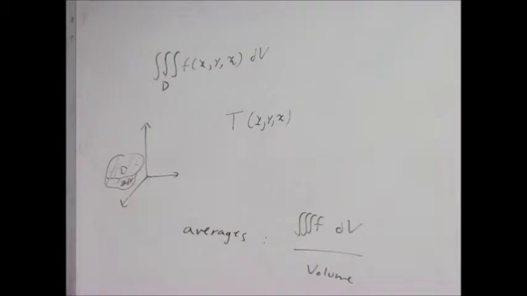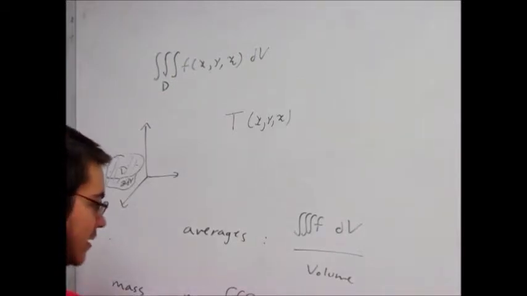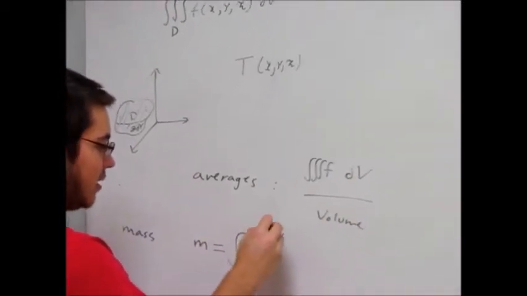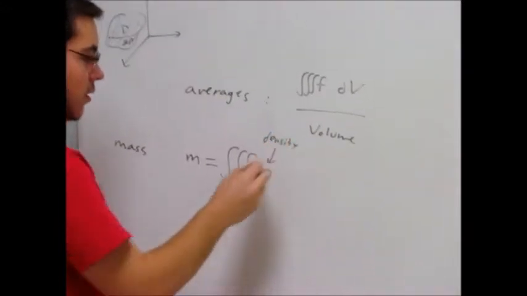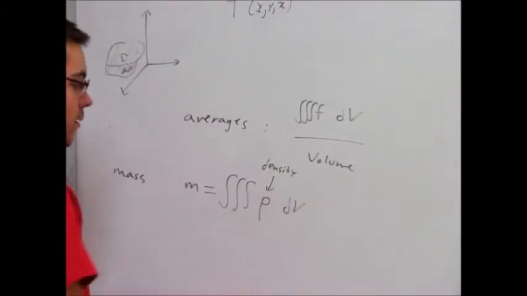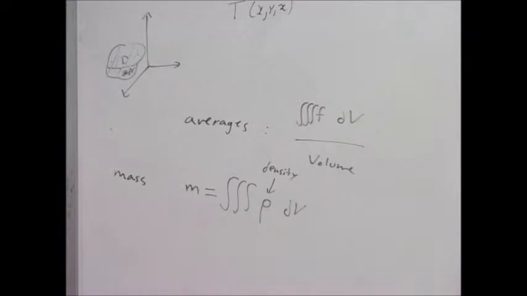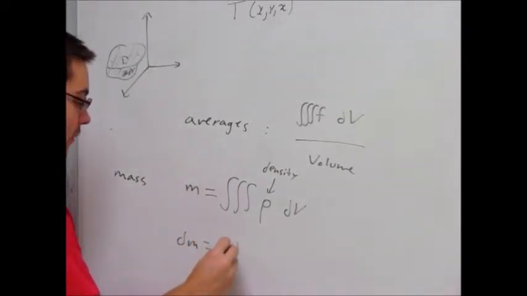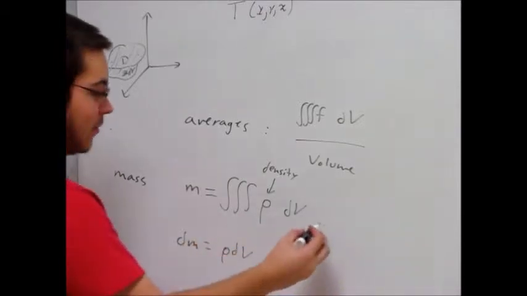And so this also works for calculating things like mass. You can say mass can be defined even as a triple integral of density, sometimes written rho, dV. This of course comes from the fact that dm equals rho dV, so you're just integrating dm really.